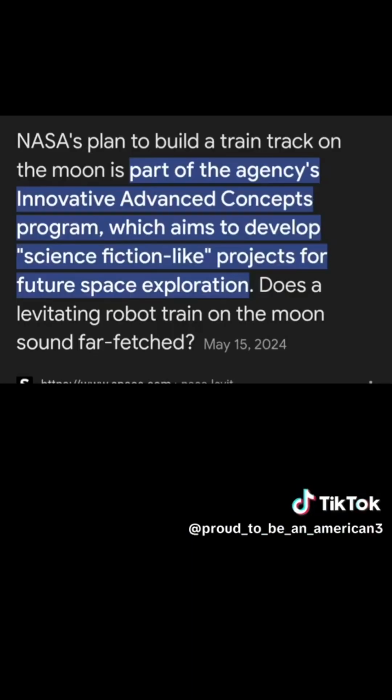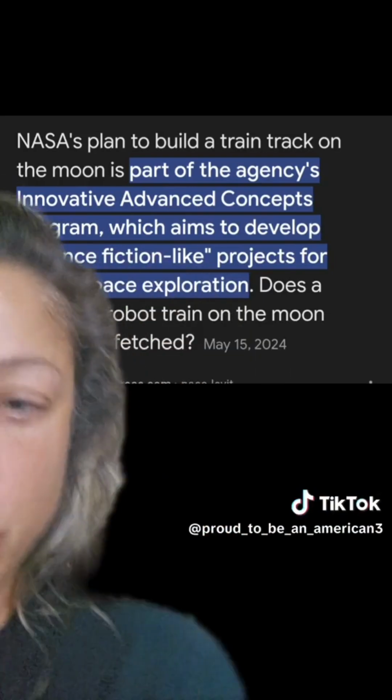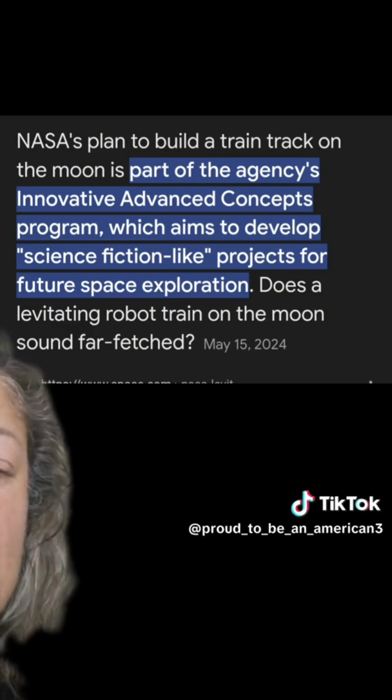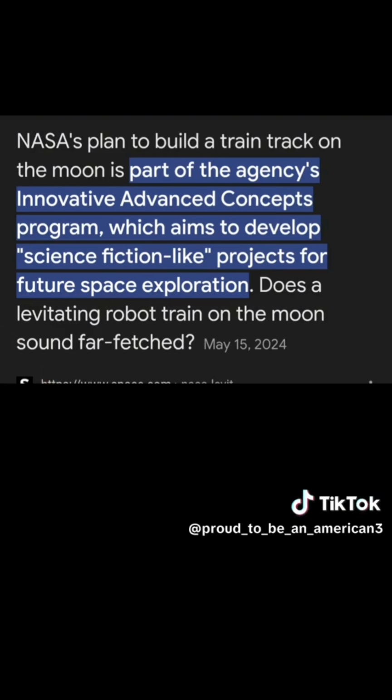If you still don't believe that NASA is a money laundering scheme and that they're taking all of our tax dollars and paying themselves, lining their pockets, then look at this. NASA's plan to build a train track on the moon that we didn't go to is part of the agency's Innovative Advanced Concepts program, which aims to develop science fiction-like projects for future space exploration.